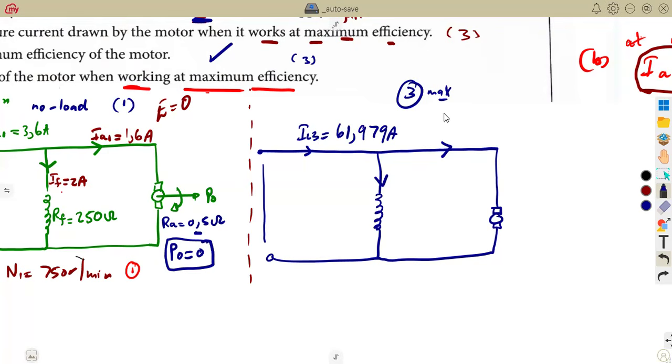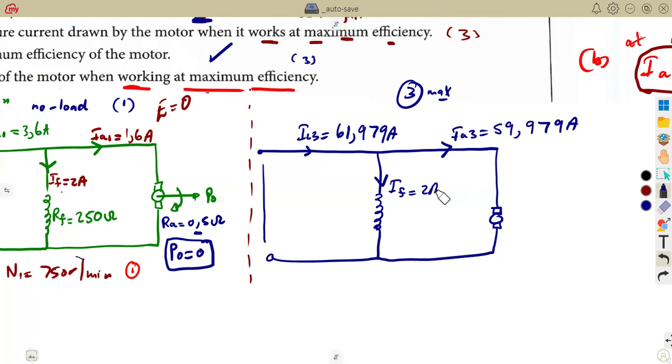And this part of the armature current 3, it was 59.979.